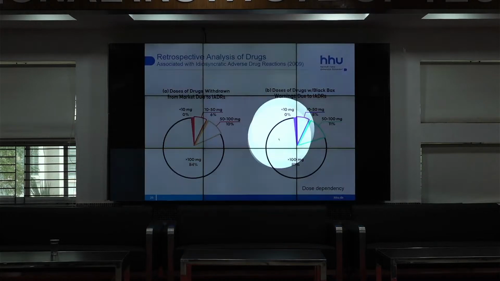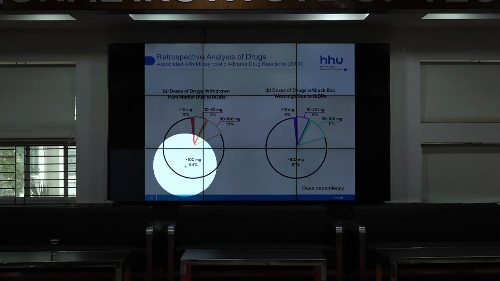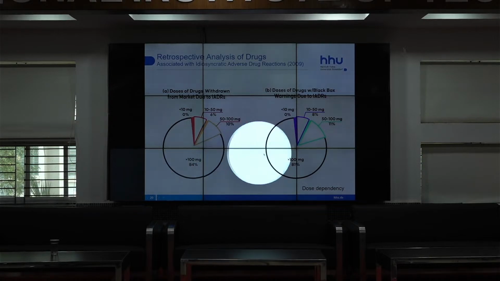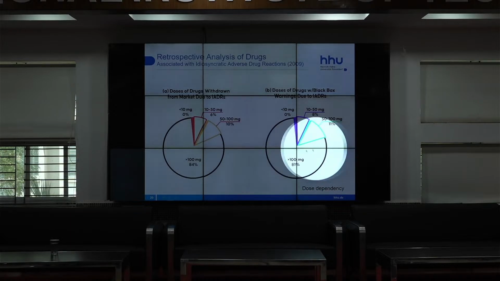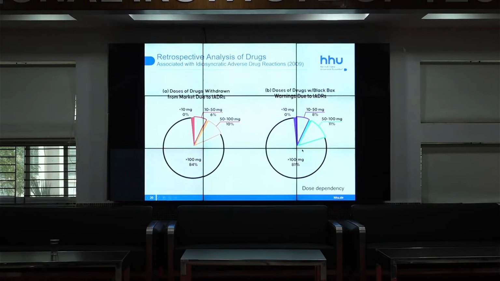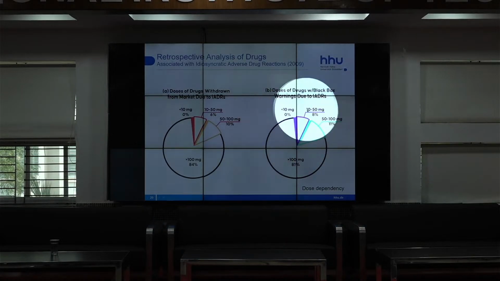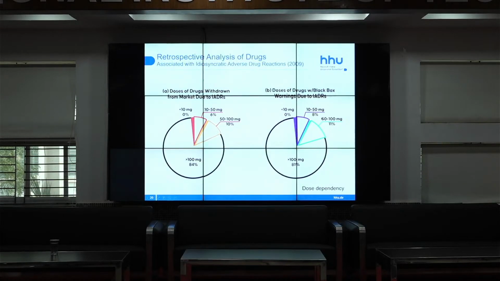And you see here two pills, one above 100 milligrams and the other with lower dosages.